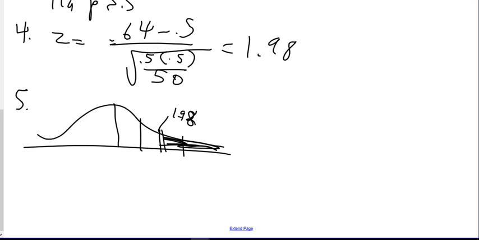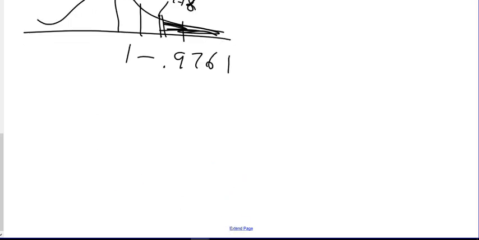We're going to go to our chart and look up 1.98, which will give us an area of 0.9761. But we're going to do 1 minus. And that leads us to 0.0239. Which leads us right into our last step of 6.